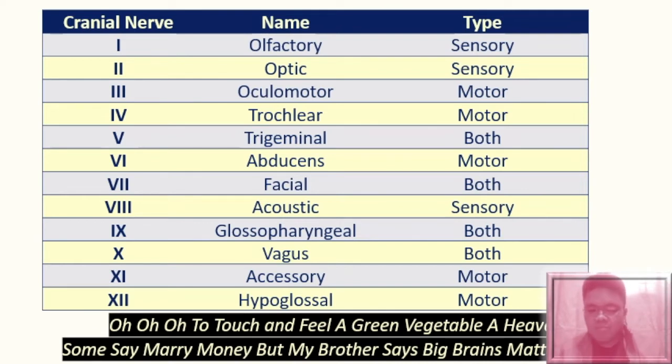What would be the implication of your Some Say Marry Money, But My Brother Says Big Brains Matter Most? For example, if I'm talking about the facial nerve, I know that it concerns both sensory and motor functioning. Therefore, class, you would be triggered to think of the assessment findings in the sensory function of the facial nerve and then the motor function of the facial nerve.